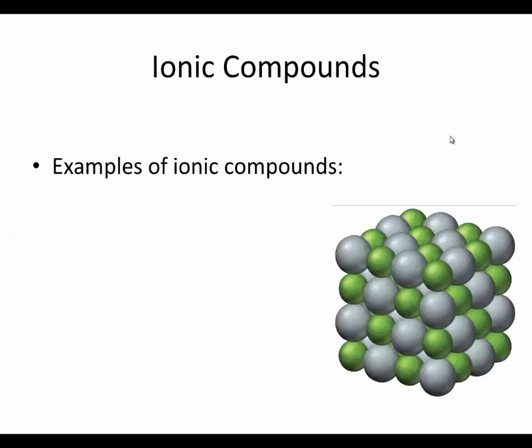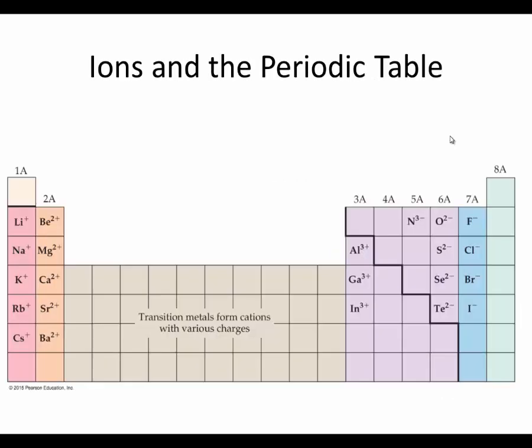Okay, let's talk about some examples. Does somebody want to give me? Somebody pick a metal from one of those regions we talked about, from the metals that are showing up on this periodic table.